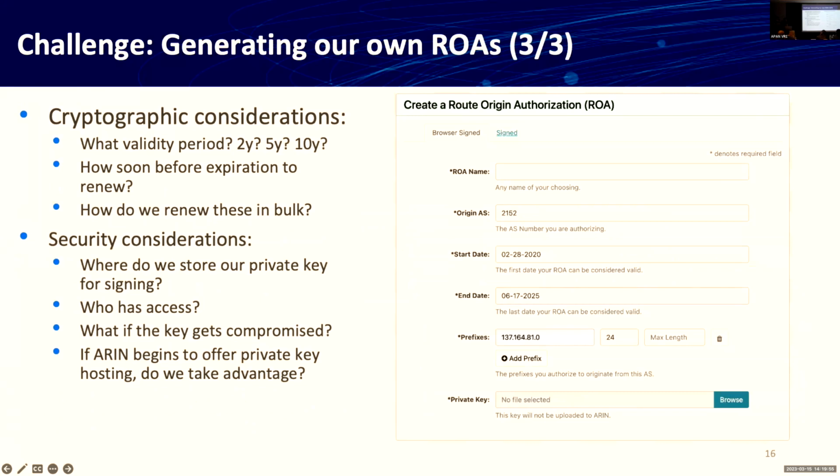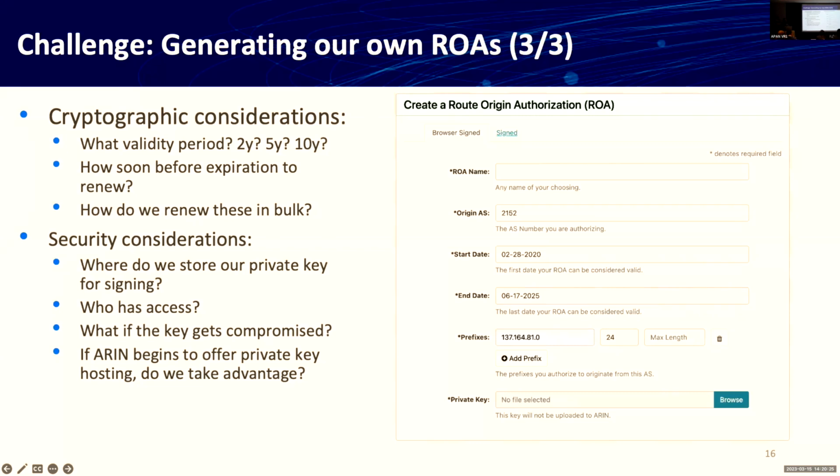And this is my last slide, the cryptographic considerations. We're still trying to decide what validity period. Do we assign these for 2 years, 5 years, 10 years? I've seen different sources that say different things about the best validity period. How do we handle renewals? Currently, ARIN doesn't offer hosted private key services, so they're not able to automatically renew these for us.